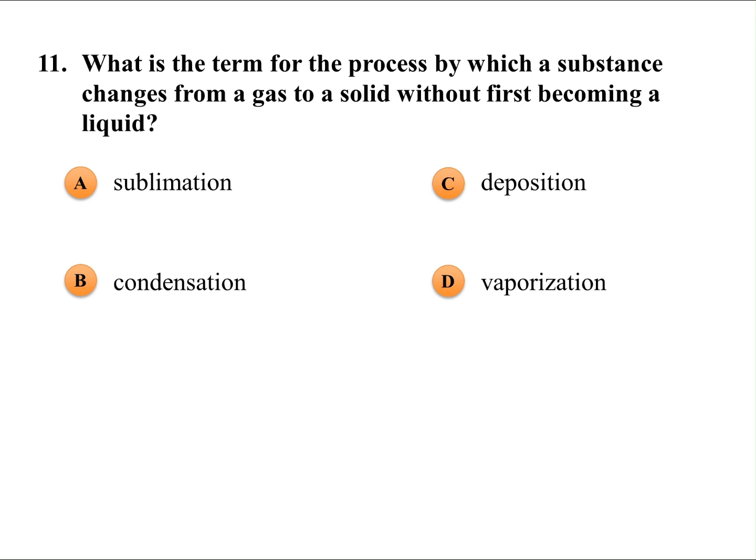What is the term for the process by which a substance changes from a gas to a solid without first becoming a liquid? The correct answer is C, deposition.